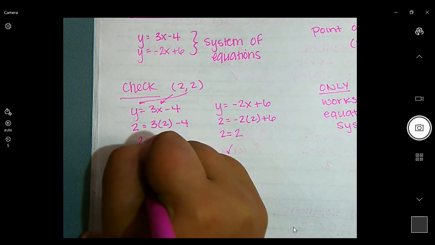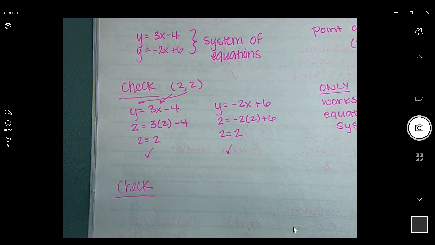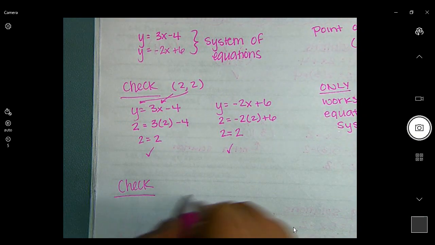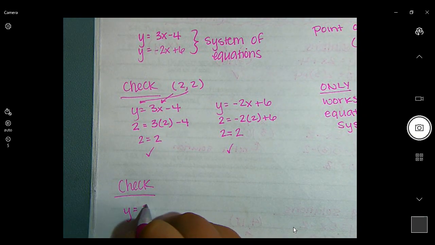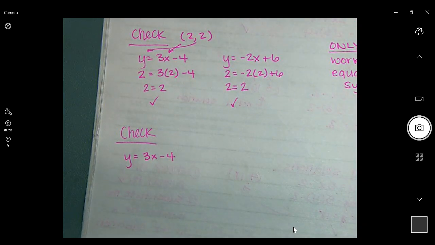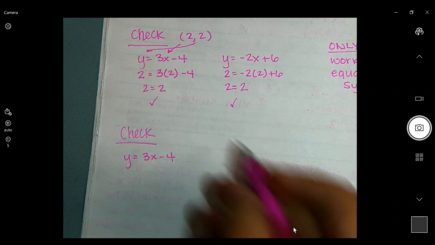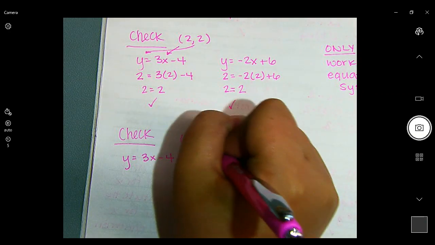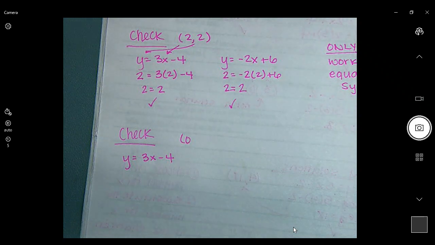So first, let's just find a different solution for y equals 3x minus 4. Okay, we're just going to find a new solution for that. Remember, it has an infinite number of solutions. So I can find another one, no problem. Okay, so first I'm just going to choose a random number for x. In this case, I'm just going to keep it simple and choose 0.